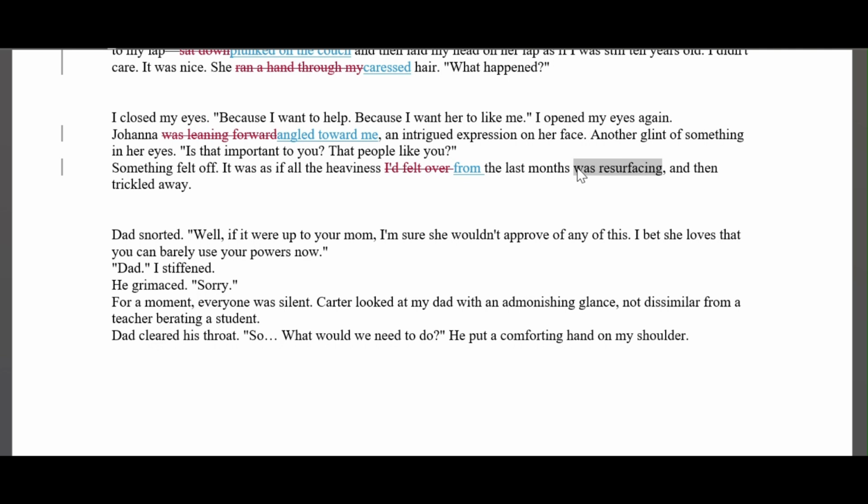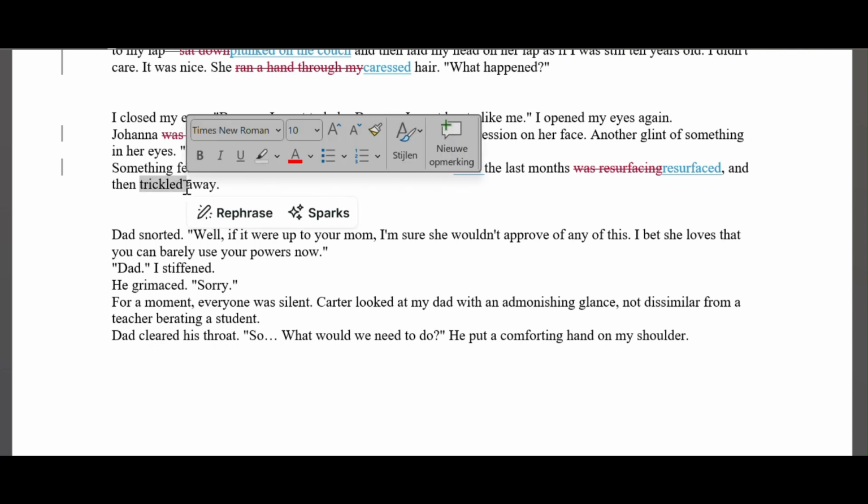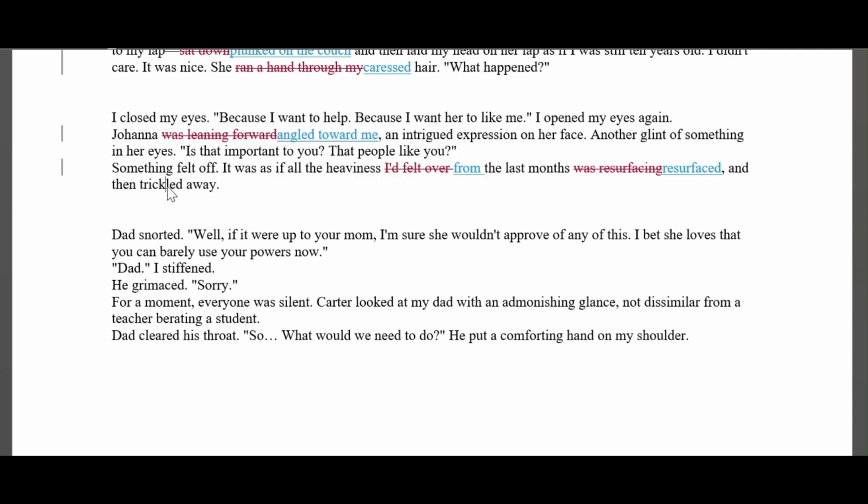Oh, but then we can do instead resurfaced. Because of all the heaviness from the last months resurfaced and then trickled away. So trickling is also a decent verb. And I like how it sounds with resurfaced as well, because both kind of make me think of water.